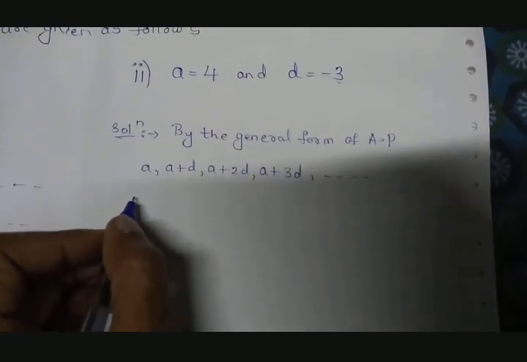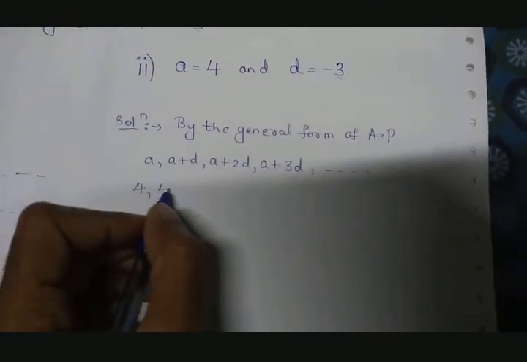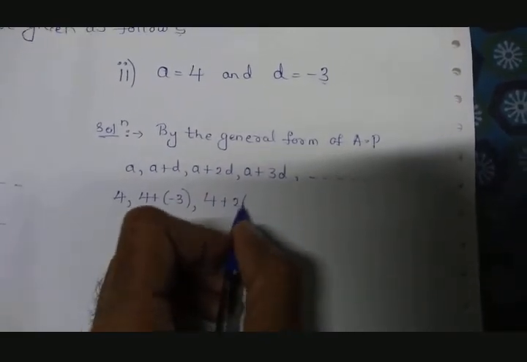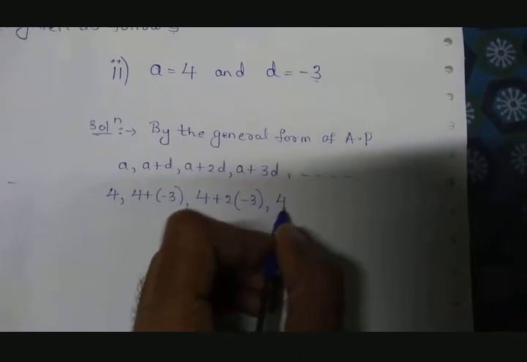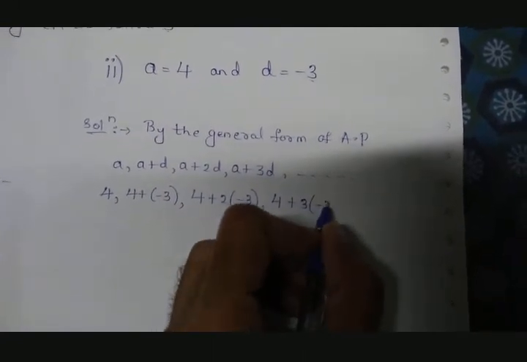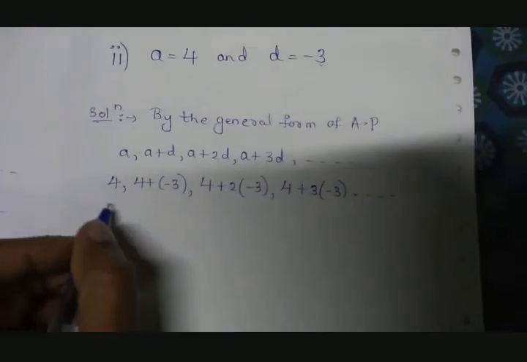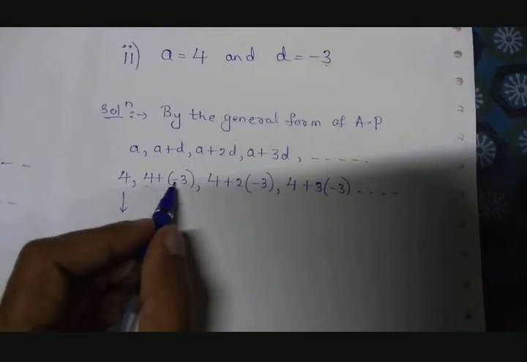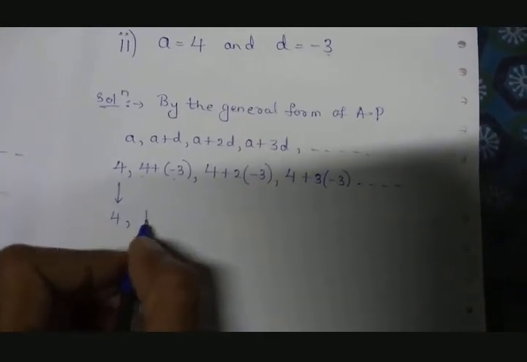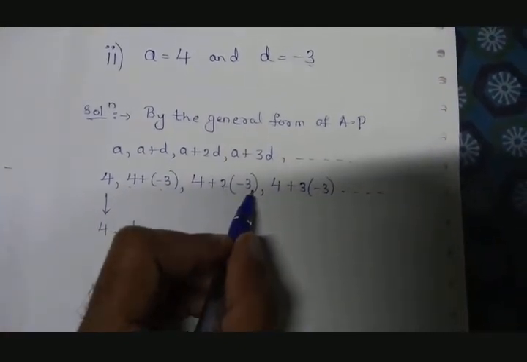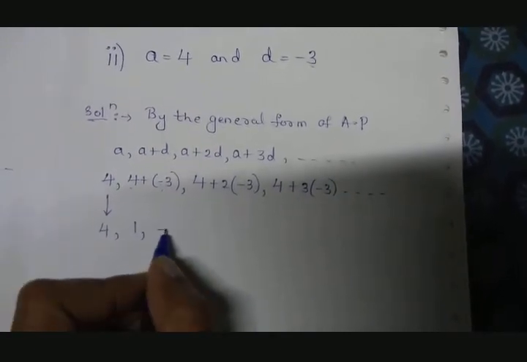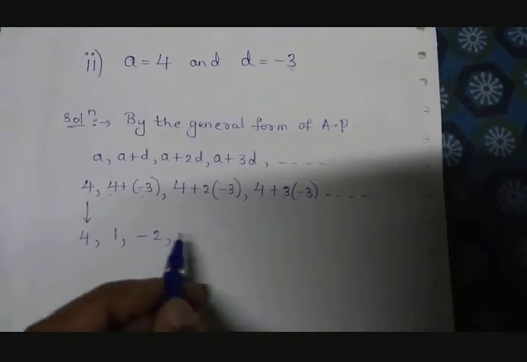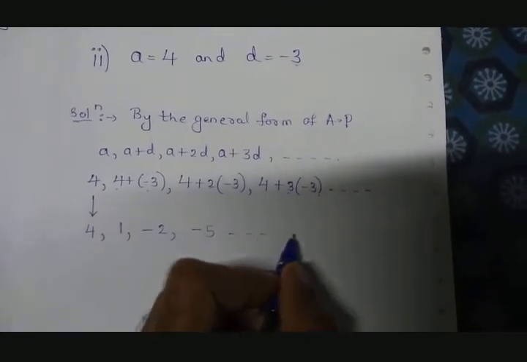The value of a is 4, so 4 plus of minus 3, comma, 4 plus 2 into minus 3, 4 plus 3 into minus 3, and so on. So 4 as it is; 4 plus of minus is minus, 4 minus 3 is 1. Now 2 into minus 3 is minus 6, 4 minus 6 is minus 2, and 3 into minus 3 is minus 9, 4 minus 9 is minus 5, and so on.